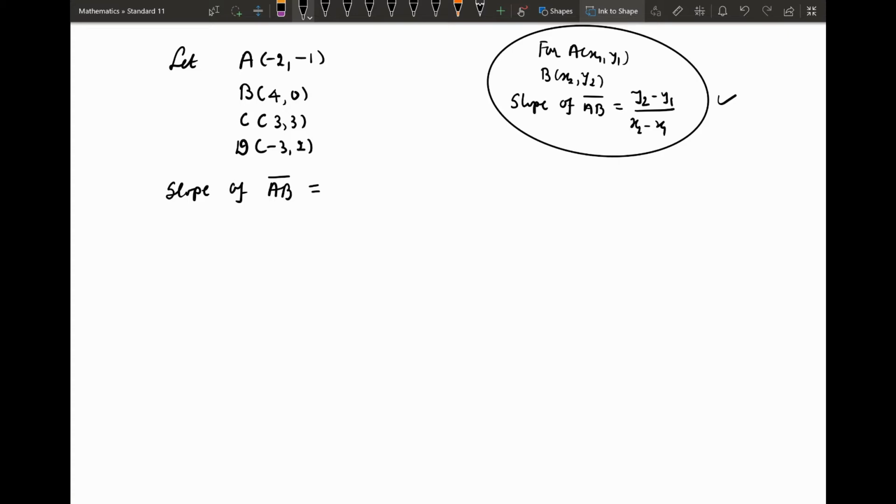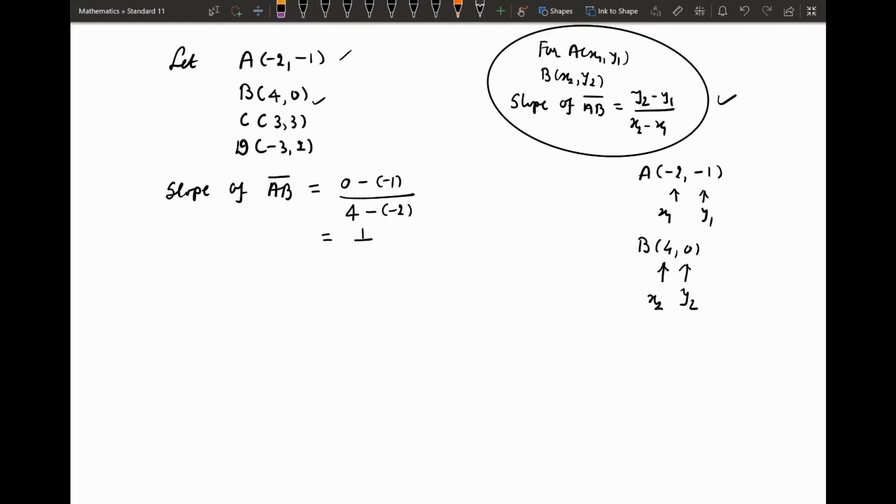So the coordinates of A, minus 2 comma minus 1, we consider as x1 y1, and the coordinates of B, 4 comma 0, we denote x2 y2. So slope of line segment AB is y2 minus y1 upon x2 minus x1, which is 0 minus minus 1 upon 4 minus minus 2.